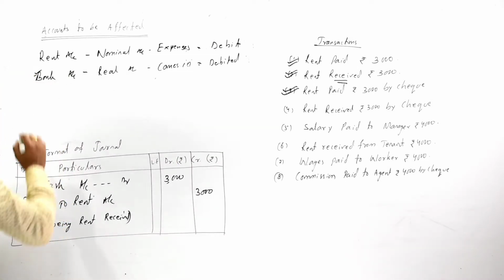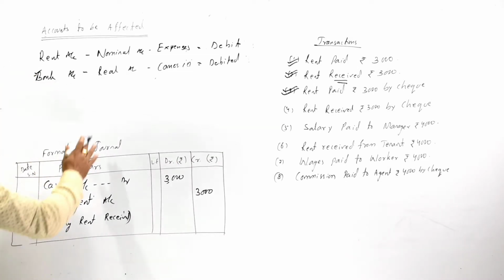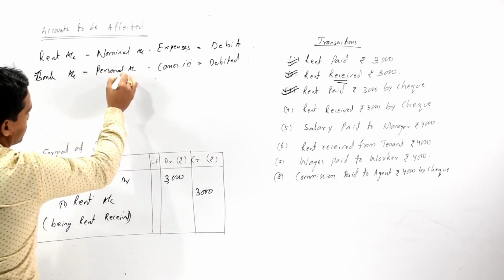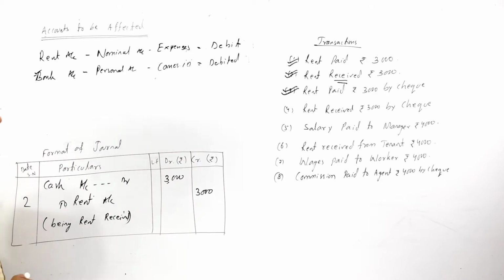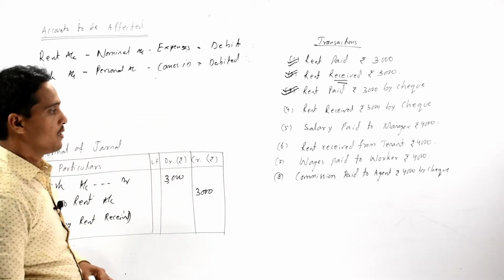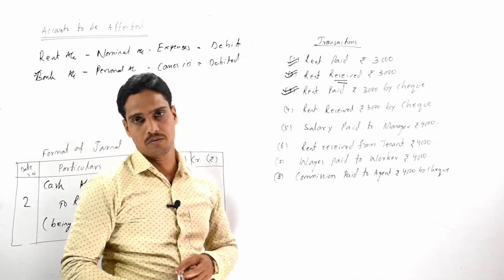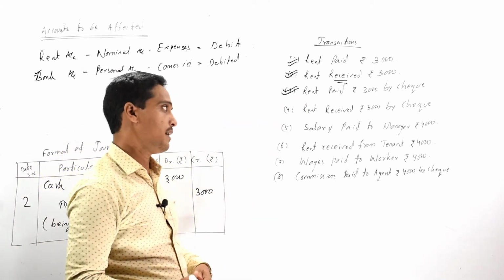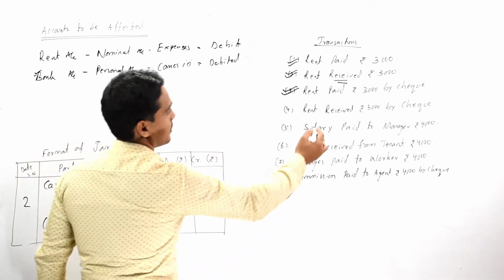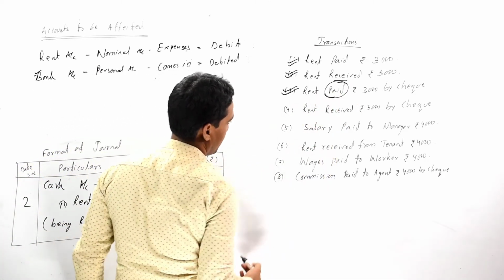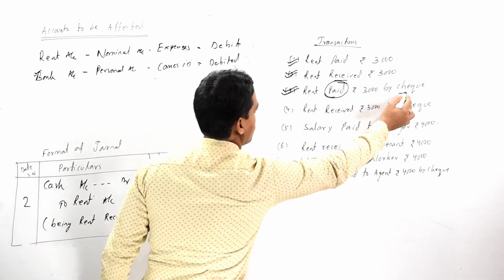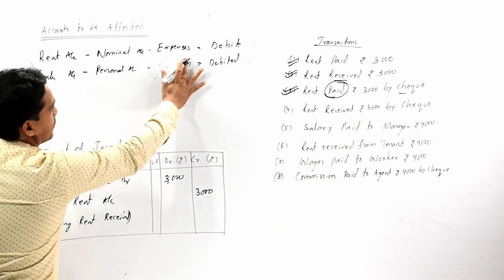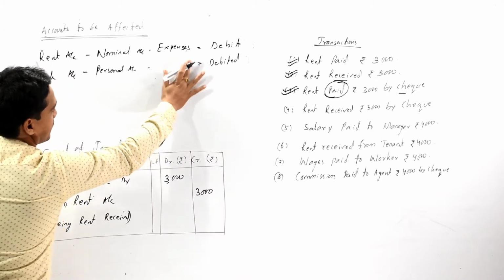Now the second account is our bank account, that belongs to our personal account category. So here we should apply the rule of the personal account, that is debit the receiver and credit the giver. As we are making the payments, our bank should pay the landlord against our rent.